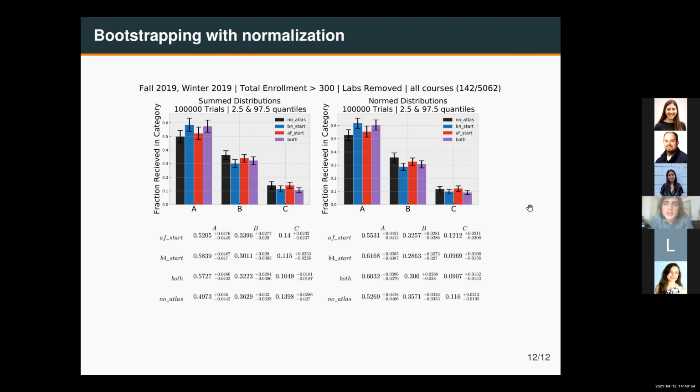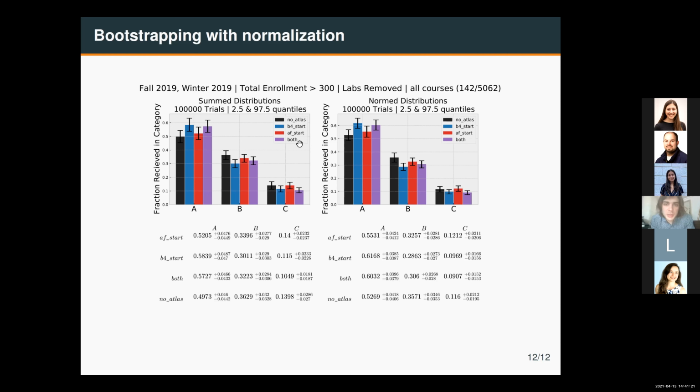This is for all courses with total enrollment greater than 300 in fall 2019 and winter 2019, which is 142 total courses. I know that's wordy, but you see these two categories, before start and both, are significantly above no Atlas, especially given that these error bars are very strict.